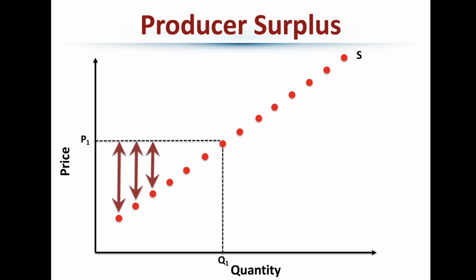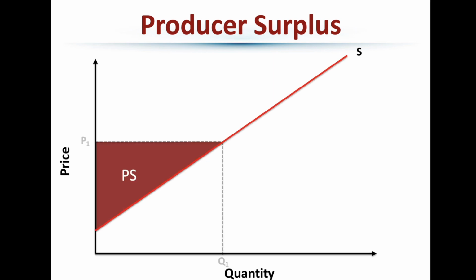And that is true for all of the prices that are below the price, so for all of the area at which the supply curve is below the price line. So the red triangle represents the producer surplus. And graphically, we say that is the area below the price line and above the supply curve.